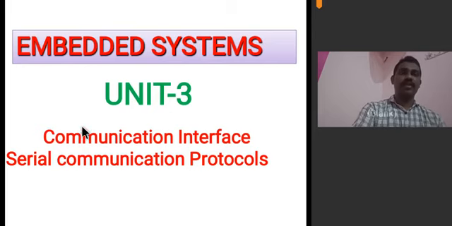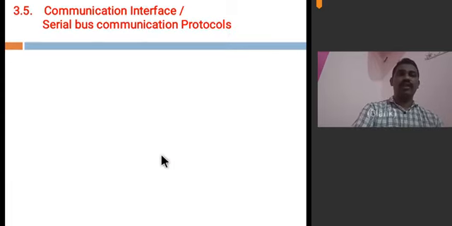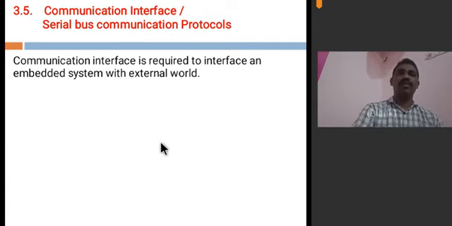Next I am going to discuss communication interface and serial communication protocols. What is a communication interface? A communication interface is required to interface an embedded system with the external world. If you want to interface an embedded system with the external world, then you need a communication interface.